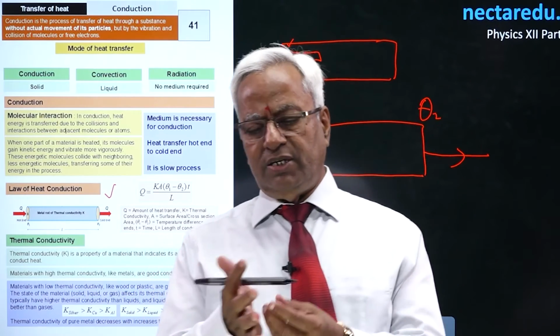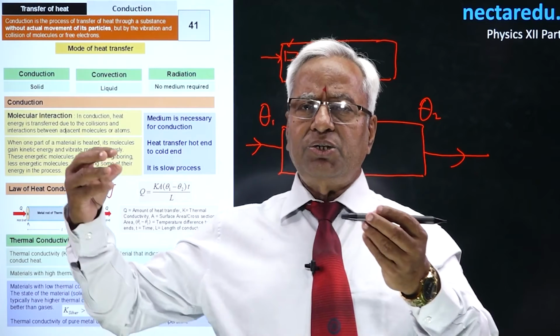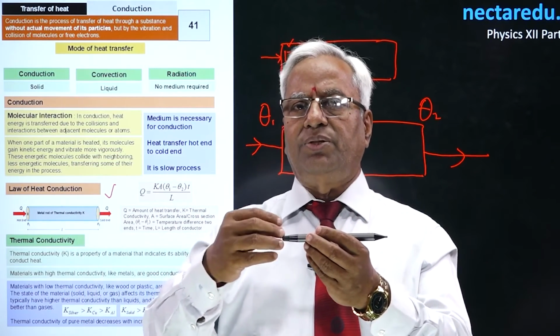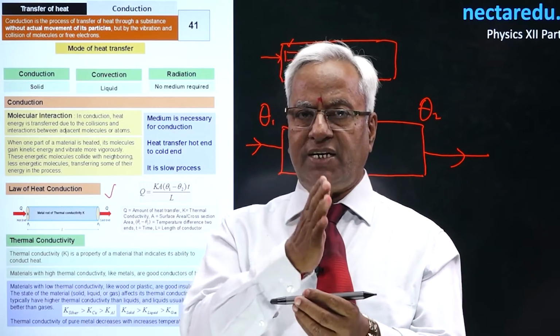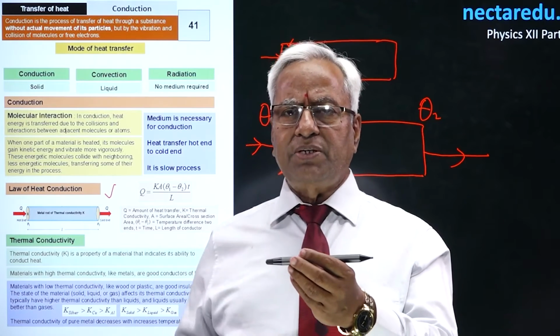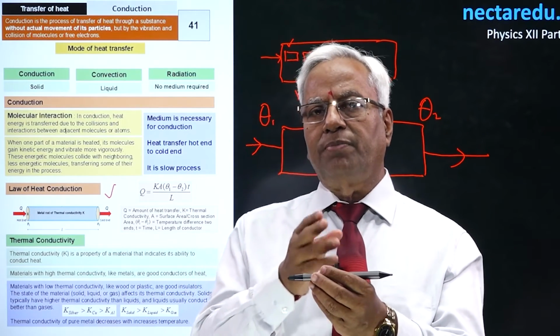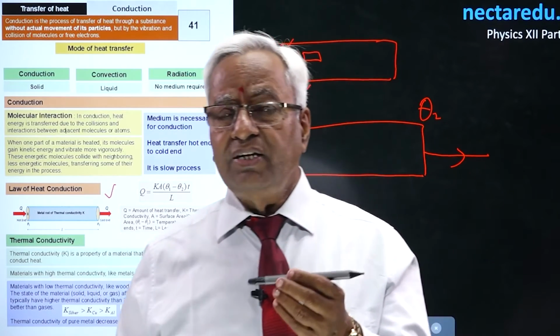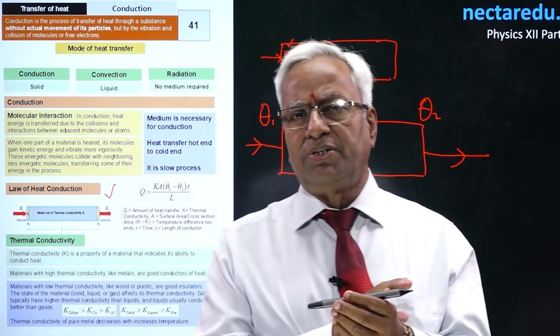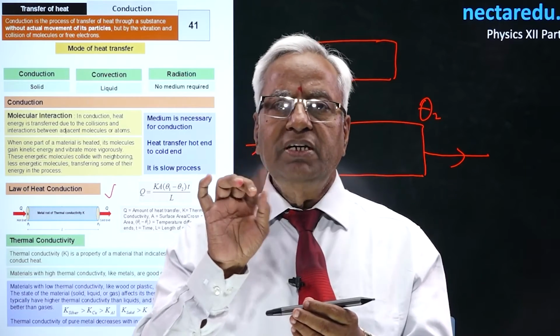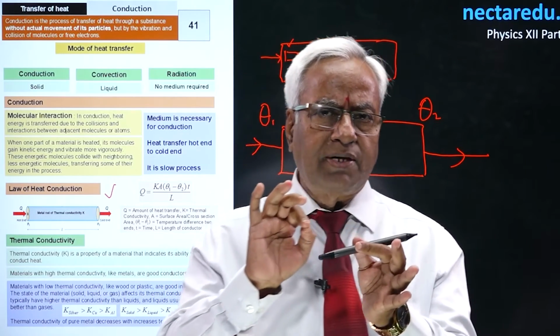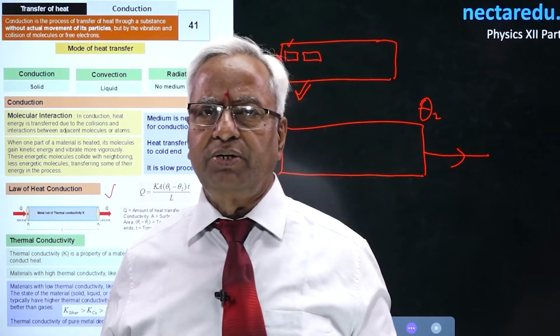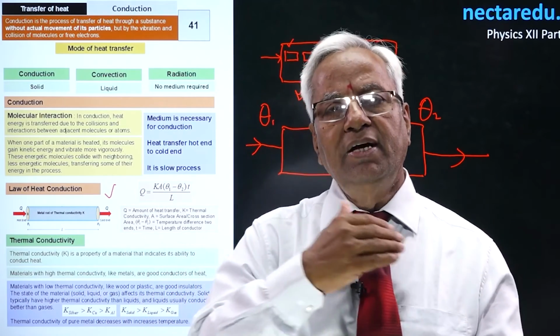Whenever we supply heat to a material, initially there is a variable state, and then ultimately it becomes steady. Variable state means every part of the material is absorbing heat and heat is getting transferred as well. But in a steady state, no part of the material will absorb heat. The absorption of heat is totally stopped and there is no increase in temperature anywhere.